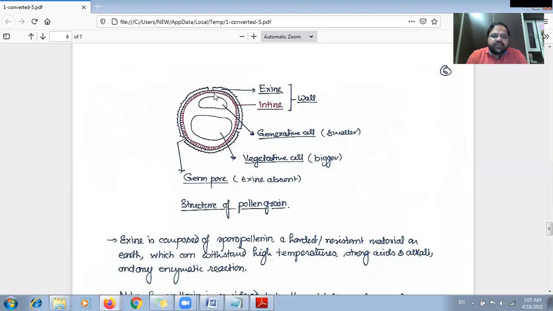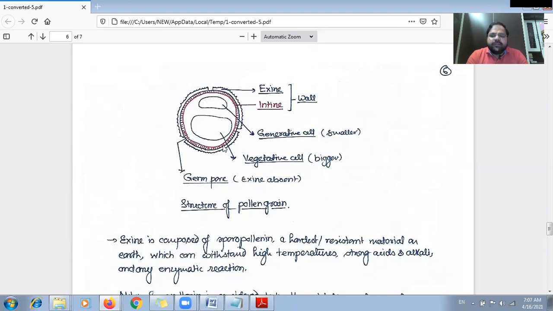Inside this, we can see there is a cytoplasm, and inside this cytoplasm there is a generative cell, and the larger part of this pollen grain is called the vegetative cell.